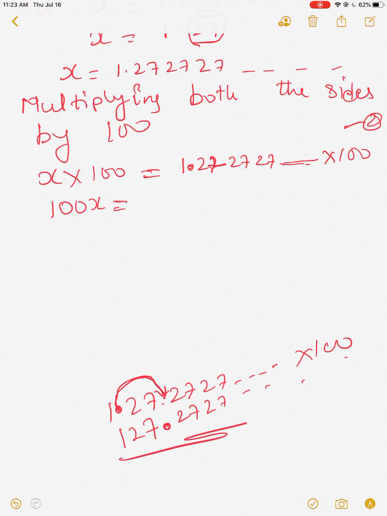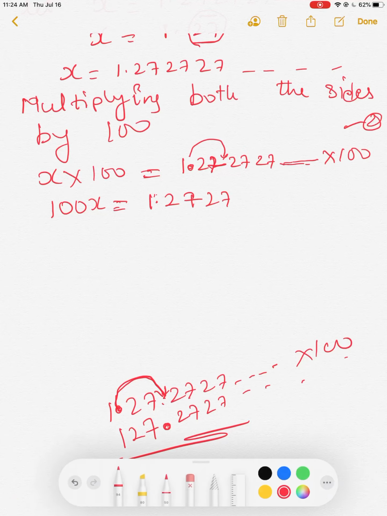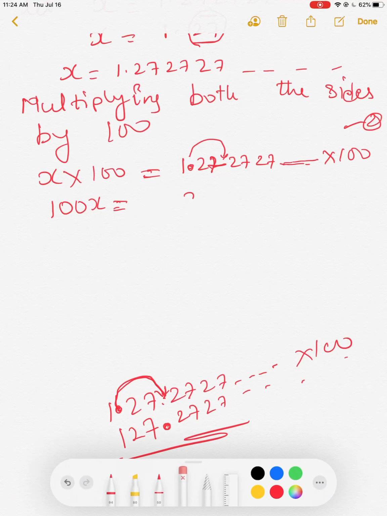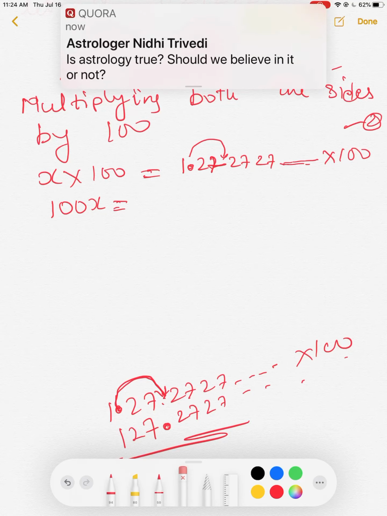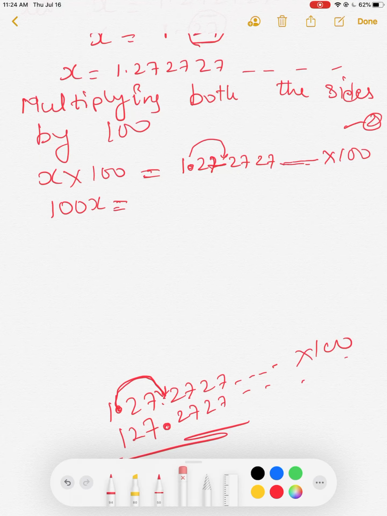Now we have to write this here. 1 point, from here the decimal goes here, 27. Don't write it like this in your notebooks, but the decimal goes behind 1.27.